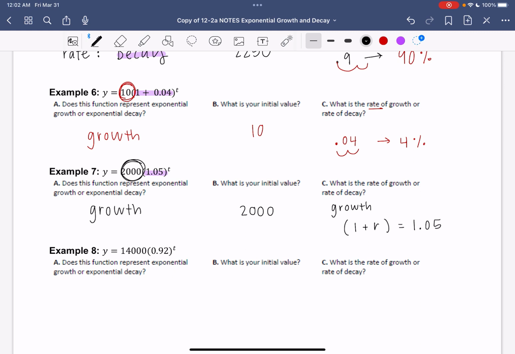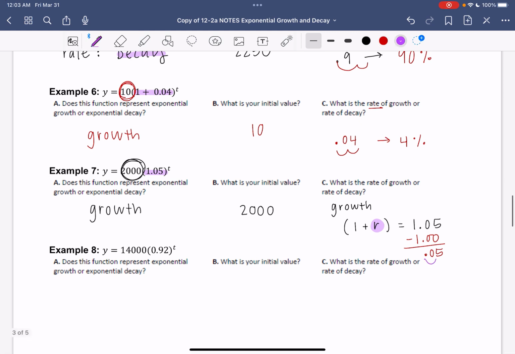So if I want to know what the rate is, I'm going to subtract this 1 that's with the rate. It's like solving for r. So when I subtract the 1, I'm left with 0.05. Remember, when I want to change that decimal into a percentage, I move the decimal over twice. So our rate of growth was 5%.